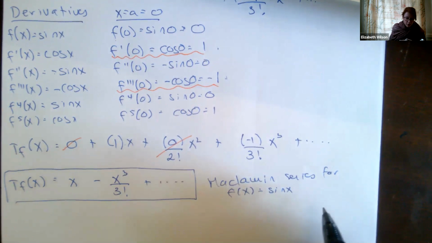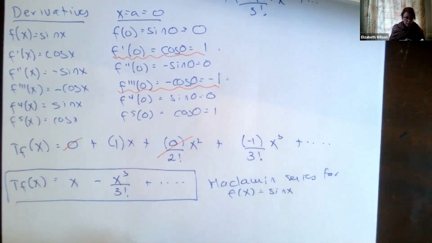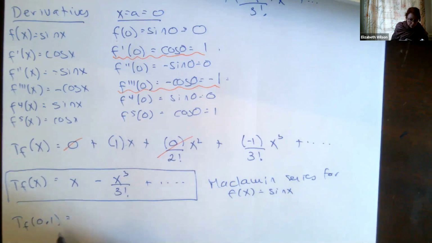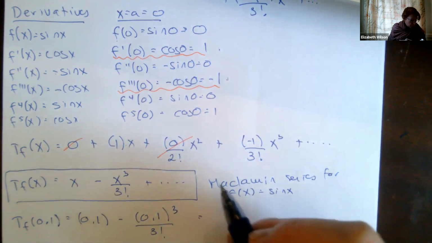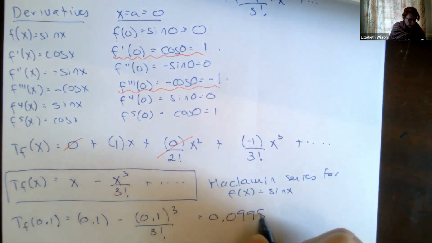Okay, so now they want us to use this to estimate sine of 0.1. So everywhere I see an x, I'm going to plug in a 0.1. So 0.1 minus 0.1 cubed all over 3 factorial. And that's going to give me, let's see, 0.0998333.